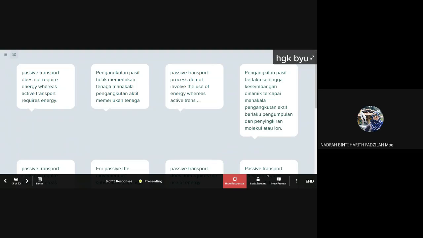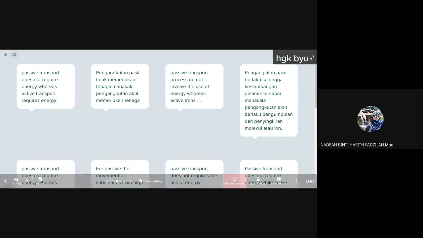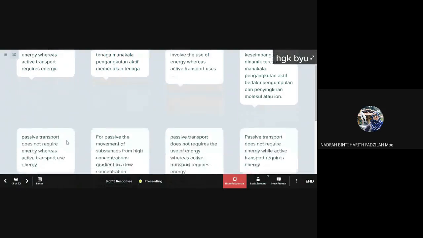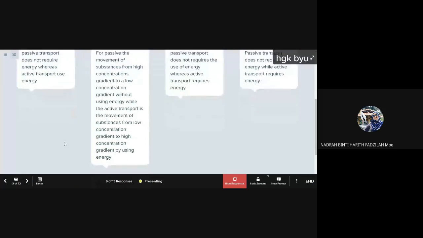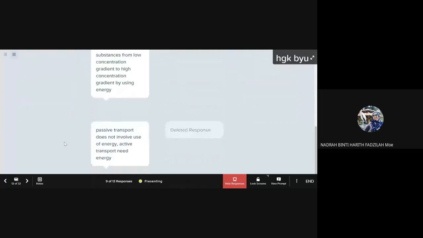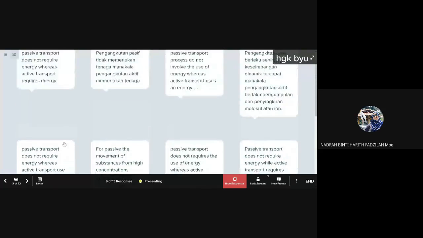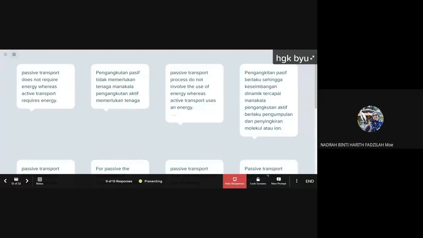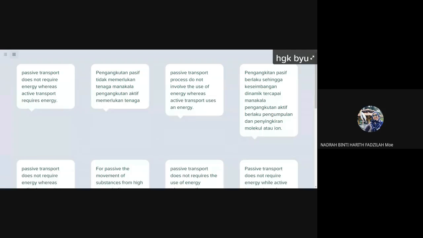Okay, I agree with you. Untuk Adawiyah, argument Adawiyah ialah dia kata passive transport occurs until it reaches dynamic equilibrium, whereas active transport occurs continuously until there is an accumulation or excretion of substances.